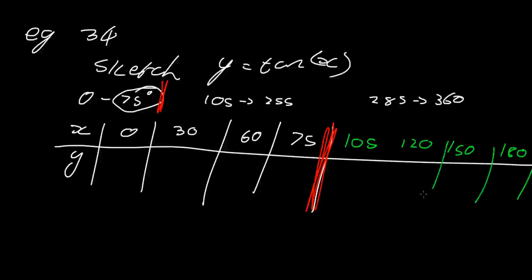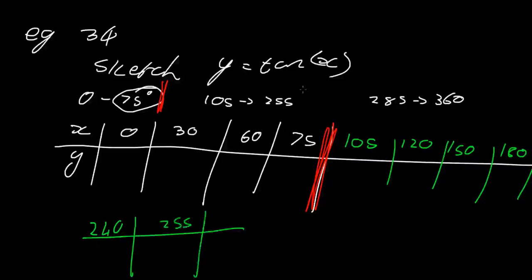Okay, so we're going to sketch up till there. And up to 240 actually. 240, then 255. Okay. And then we're going to stop there, and then we're going to continue again at 285. 285, dot, dot, dot. And we're going to carry on.